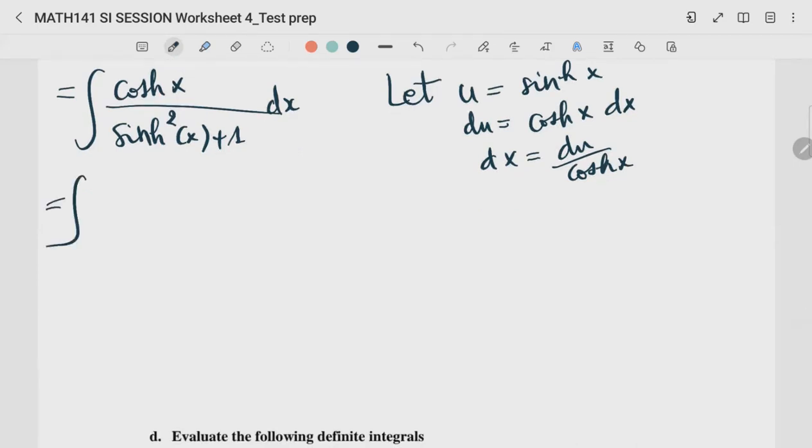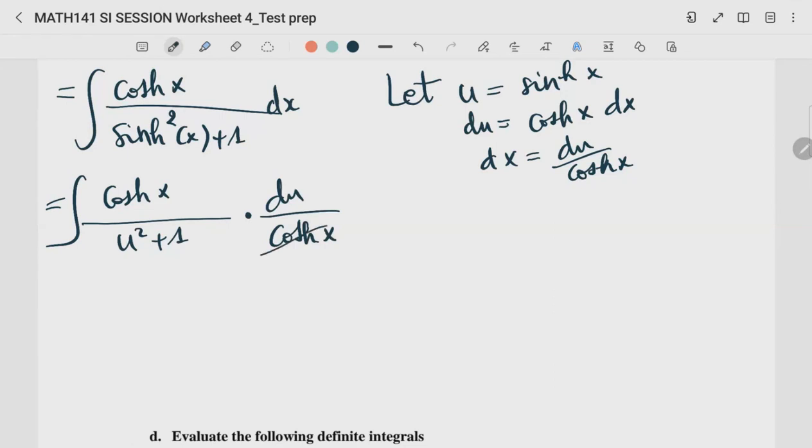And when you bring it into the expression, you have cosh of x divided by u squared plus 1, multiplied by dx, which is du over cosh of x. Simplify that, and you have the integral of du over u squared plus 1.